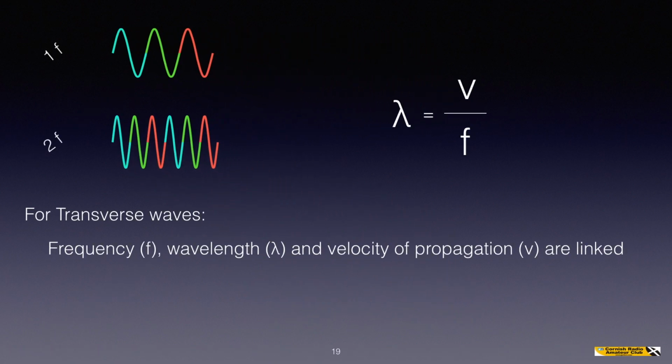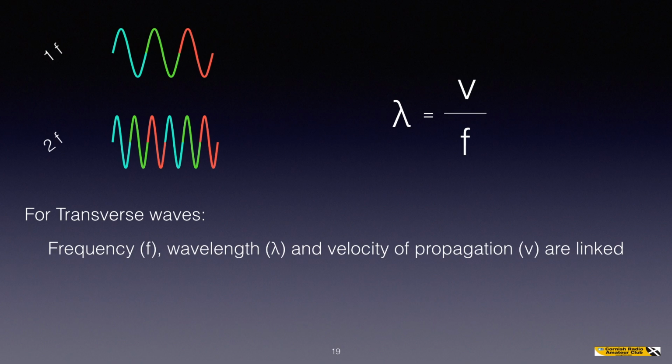And so we can say for transverse waves, you can see at the top there 1f and 2f, the frequency, the wavelength, and the velocity of propagation are linked. So we can say that the higher the frequency, the shorter the wavelength for the same velocity.